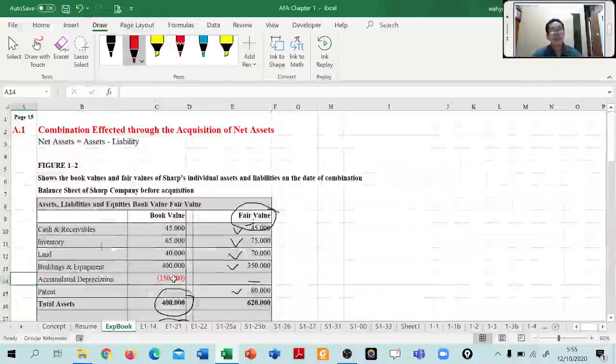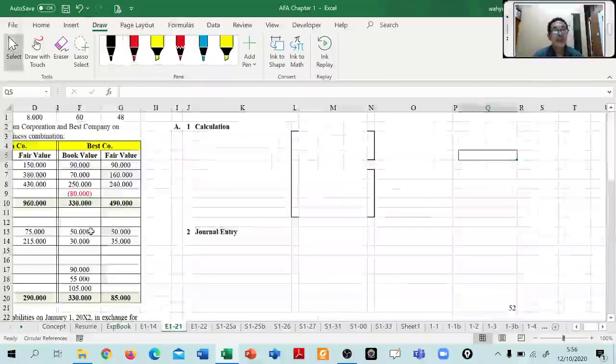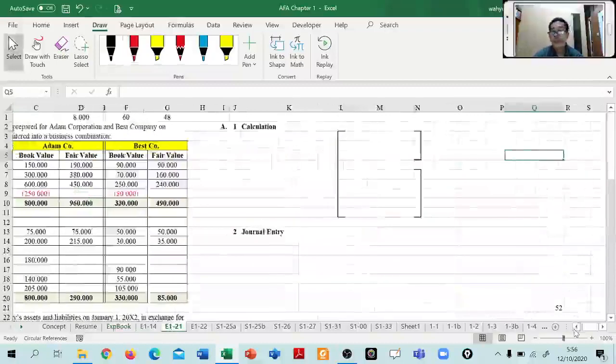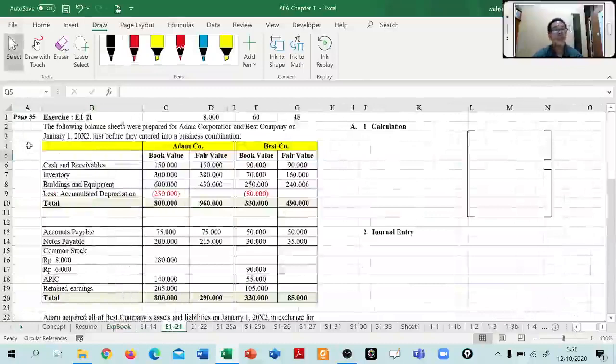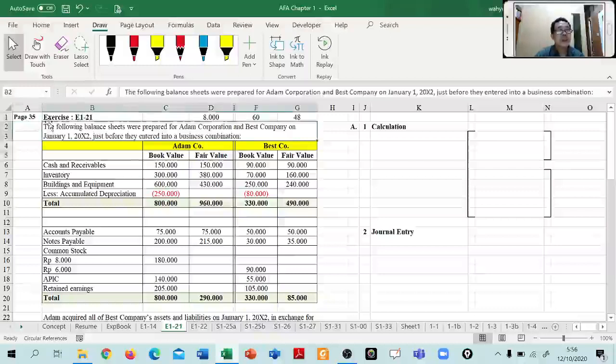To master this chapter, I will take one example of an exercise in the book. Please see page 35, Exercise A120.